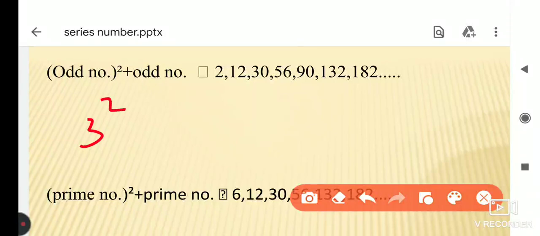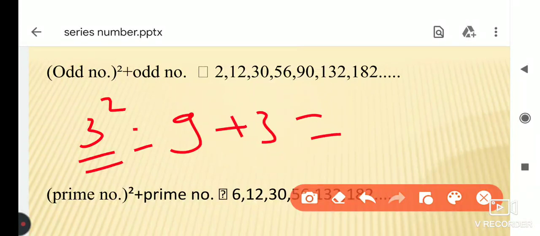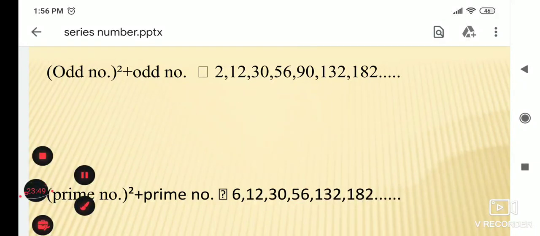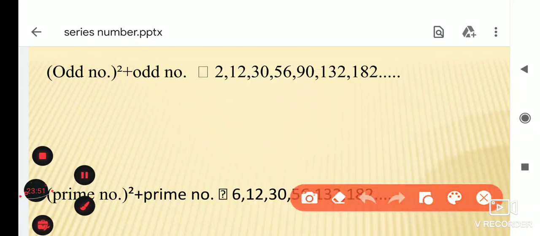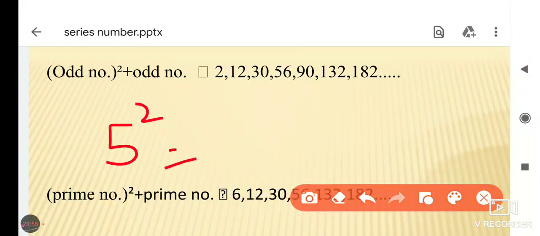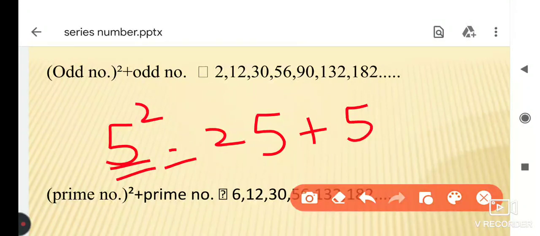The square of 3 is 9, and then we add 3 itself, we get the answer 12. The third odd number is 5, so the square of 5 is 25, plus the number itself, that is 5, we get the answer, that is 30.